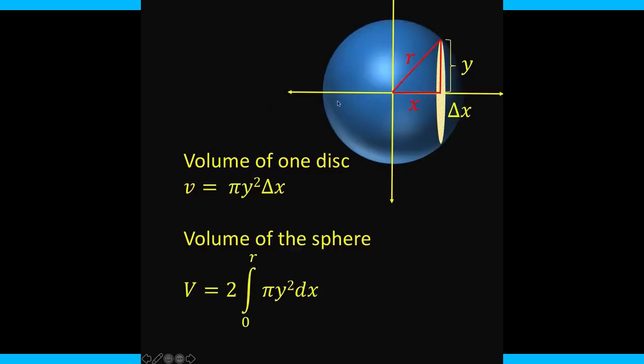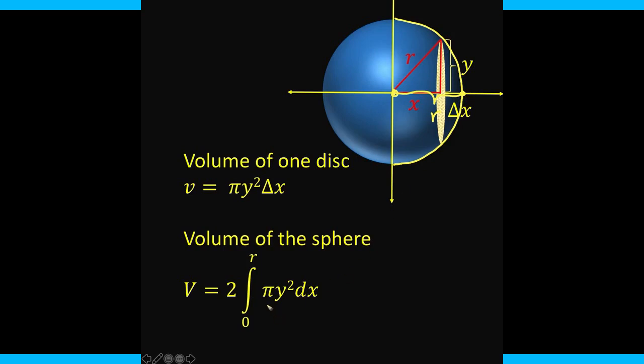And that idea of summing up all these volumes of thin discs is computed using a calculus technique, which we call integration. So if we want to find out the volume of this sphere, first we are going to slice this sphere into tiny discs from 0 up to this point on the circle, which has this distance of r, and get the volume of each of those discs from 0 to r.